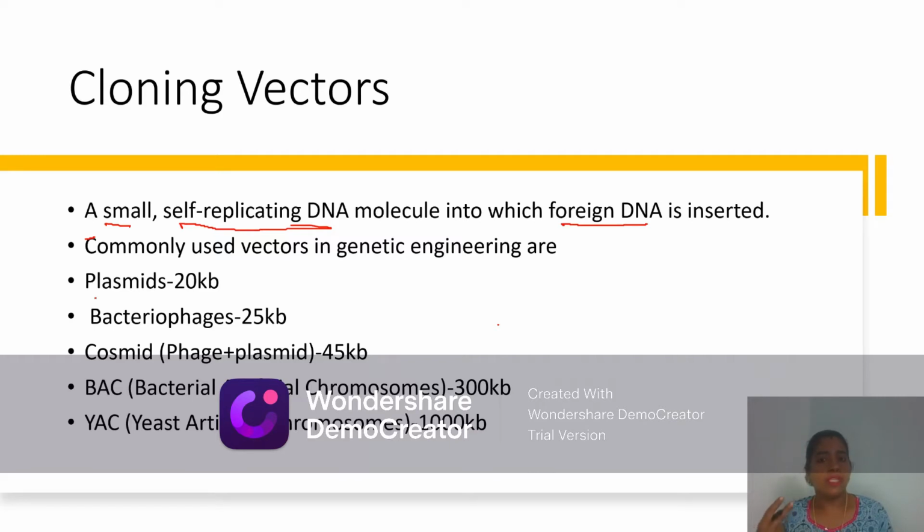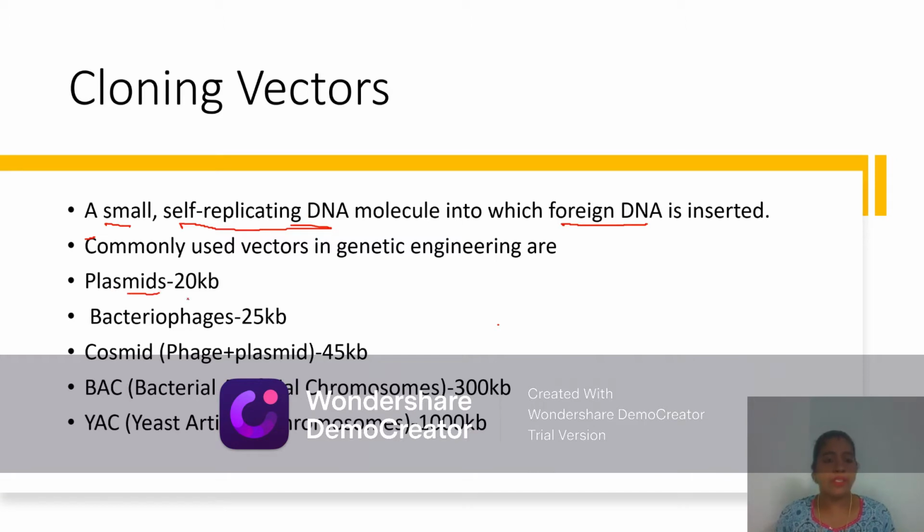Whether you want to take a two-wheeler, three-wheeler or multiple. Based upon your need you choose the vehicle to carry yourself. Here also it is the same: according to the size of the gene, the size of the foreign DNA, you are supposed to choose your vector.